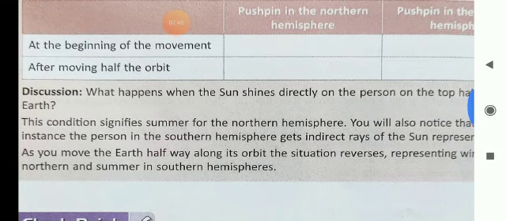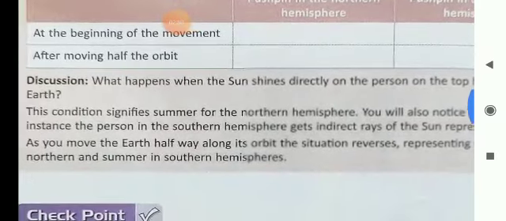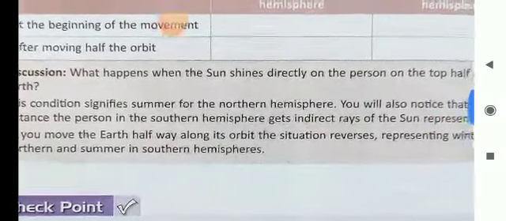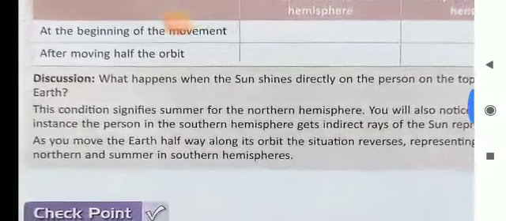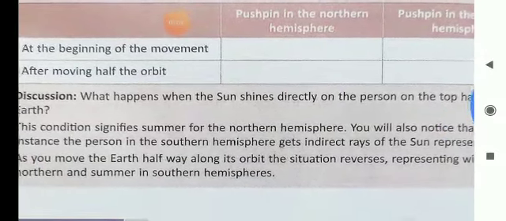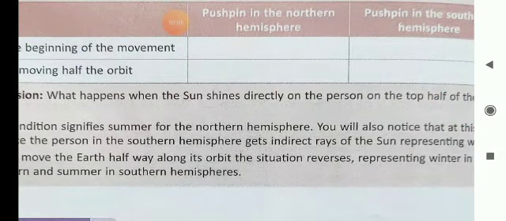In these conditions, it signifies summer for the northern hemisphere, where you will notice that the sun rays are directly falling on it, and which represents the summer season here. And on the other part, the southern hemisphere, at the same time, the indirect rays of the sun represent winter.